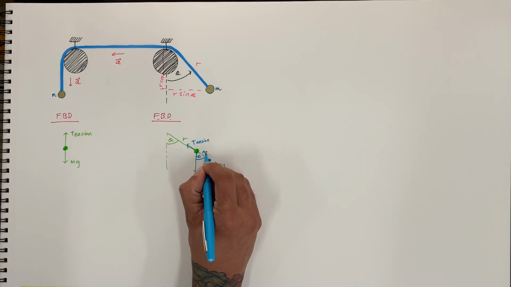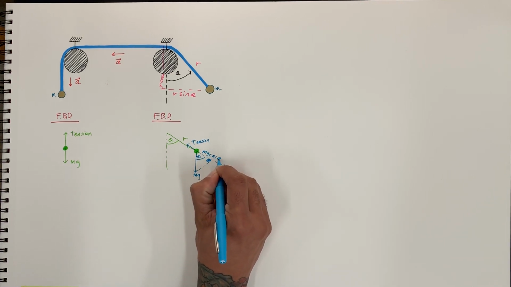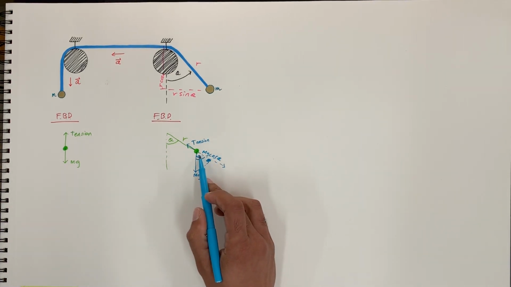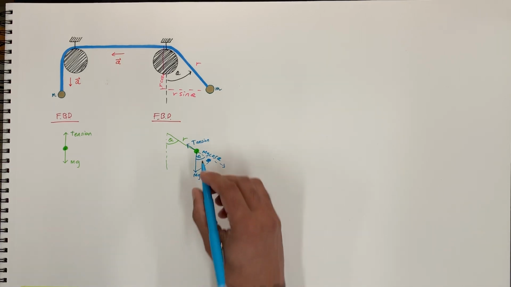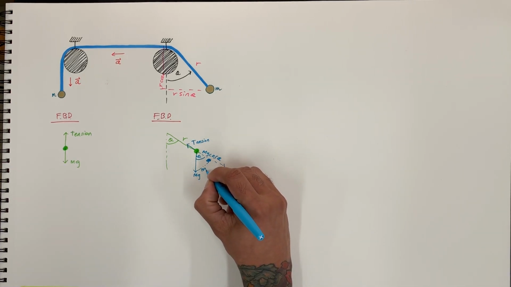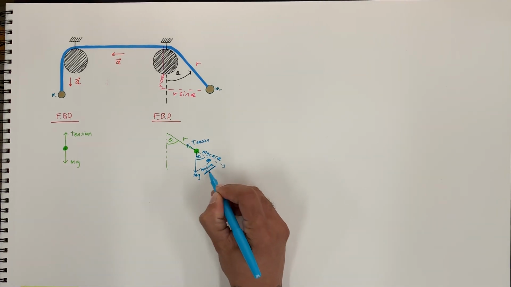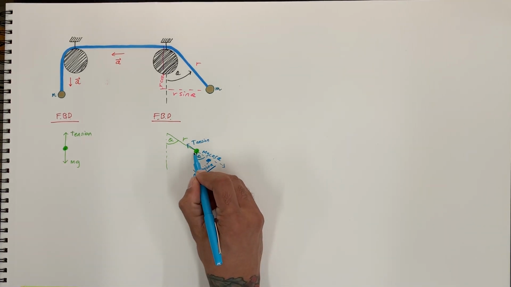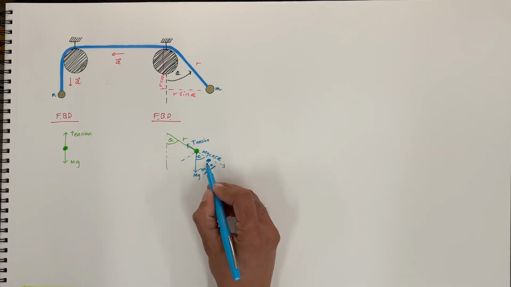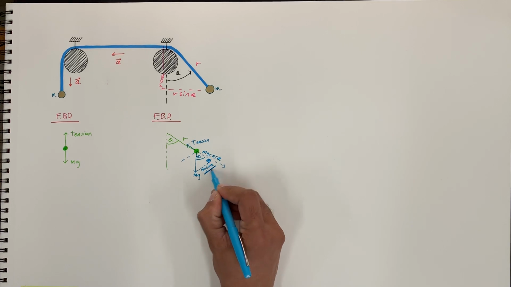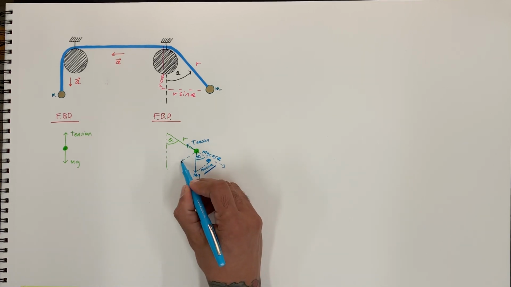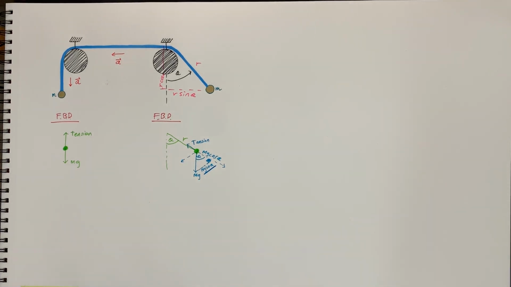So we have mg cosine theta, and opposite over hypotenuse, this is gonna be mg sine theta. But this one here, we're gonna write over here. So we're just gonna move this vector, or this side here, onto this side over here.